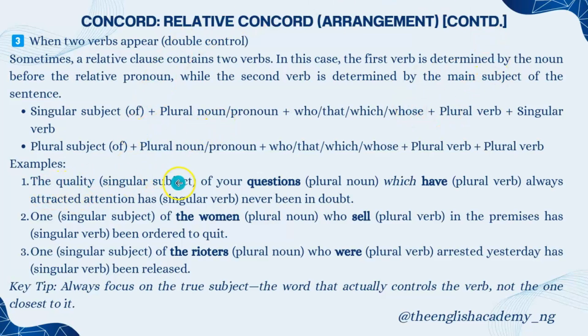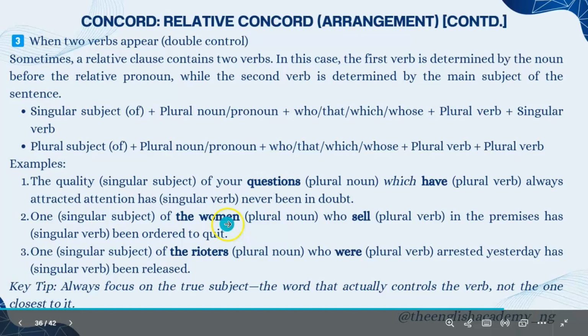The quality of your questions, which have always attracted attention, has never been in doubt. So the quality of your questions, so these questions now, that's the one that will determine this verb, because this which is talking about the questions, and then this has is related to the quality.